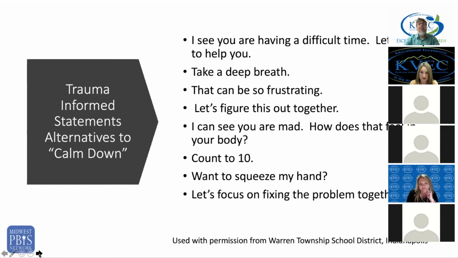Give them a moment to just process that, to help them reconnect and calm themselves. And see, you're mad. How does that make your body feel? When we're looking at social emotional learning, we have to learn these emotions and what impact they have on our bodies.